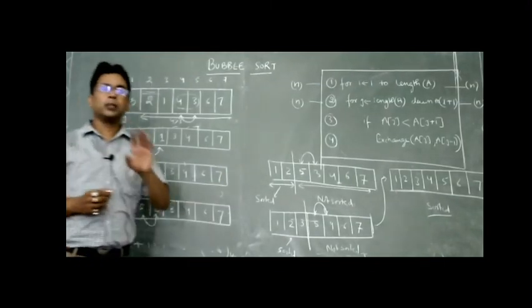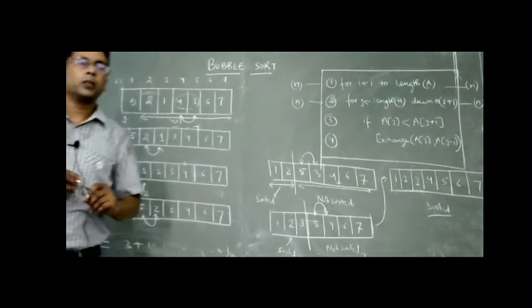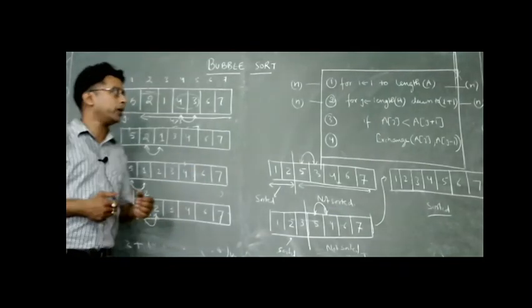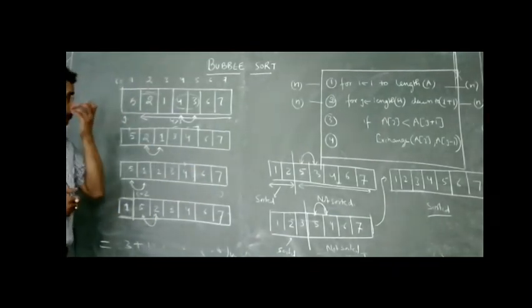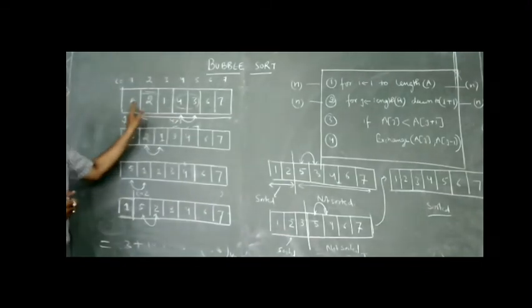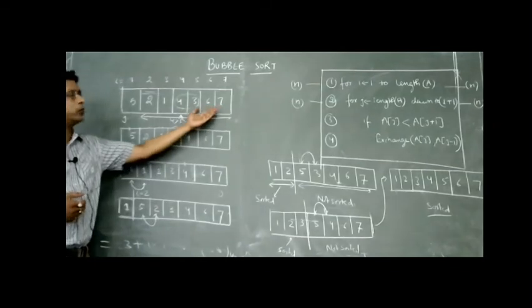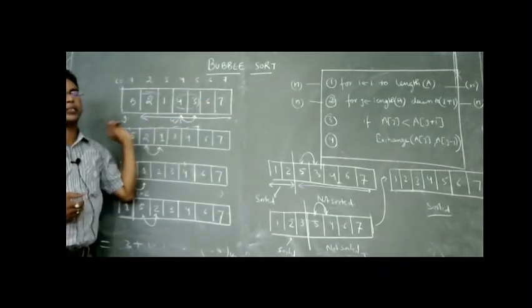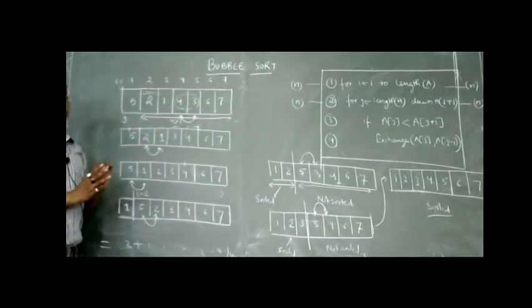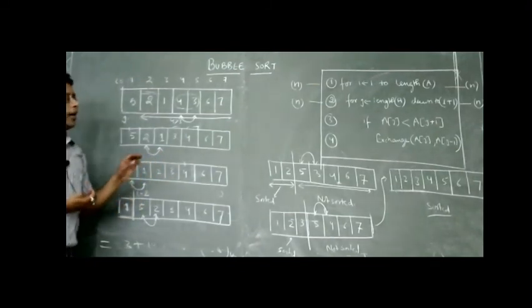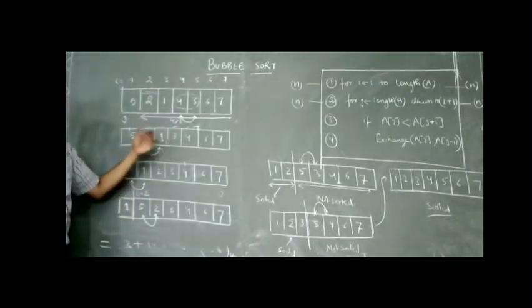That's all about the bubble sort. So this is the bubble sort. I gave you a brief idea about it. In bubble sort, from the very right hand side, we check the condition that no element on the right hand side should be smaller than the element on the left hand side, and if the condition is not satisfied, then we swap these two elements, and this process is repeated for n number of iterations.